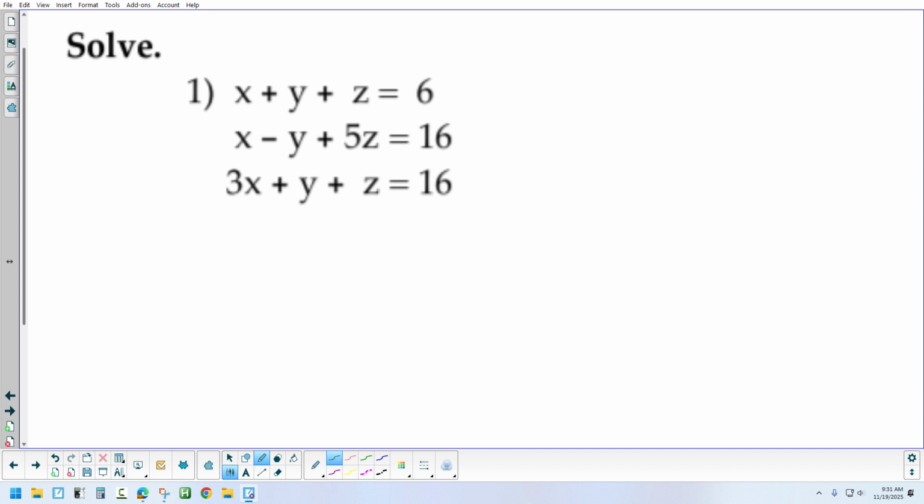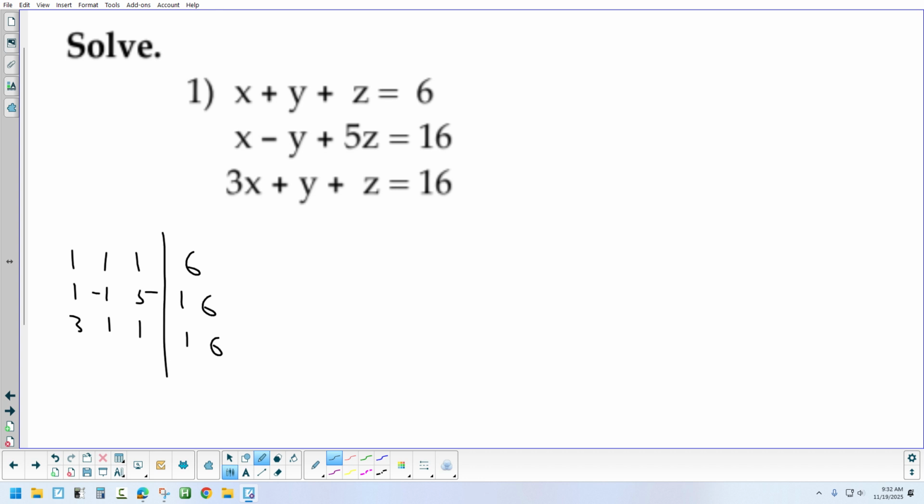Yeah, so then we don't need to even do that step where we had to swap at the beginning. We're just going to copy it down without all the letters. So 1, 1, 1, 6. 1, negative 1, 5, 16. 3, 1, 1, 16. Even just writing them down, it's a lot faster. Yeah, I'm going to put the line in too.